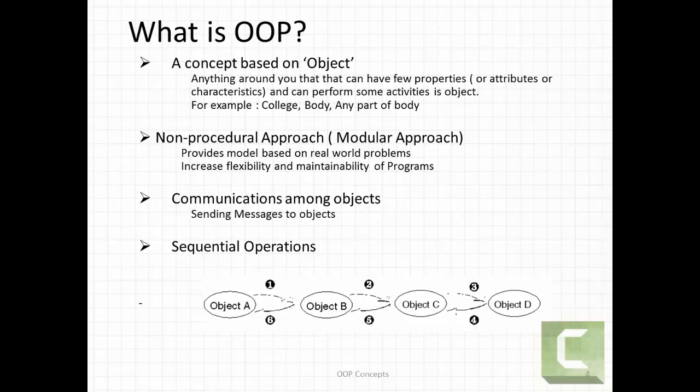For example, you can take a college as an object, which has attributes like name, location, type of building, type of education, and what affiliation it has, to which university it is affiliated. These are a few properties, and there are a few actions. It does admission, it does teaching, it does placement, and a lot of other things. So these are some activities that the college object performs.